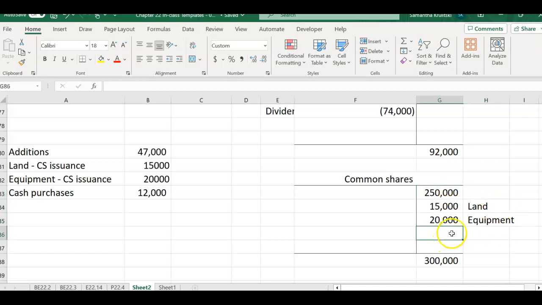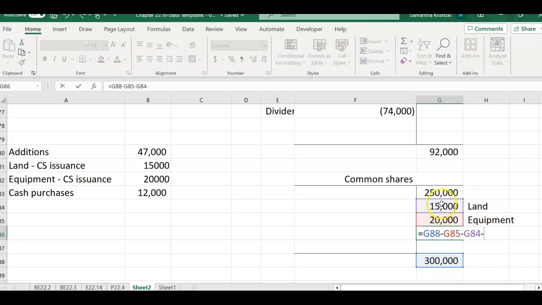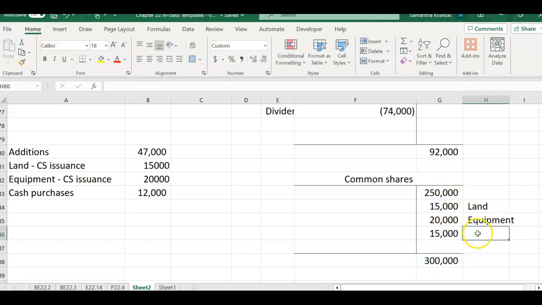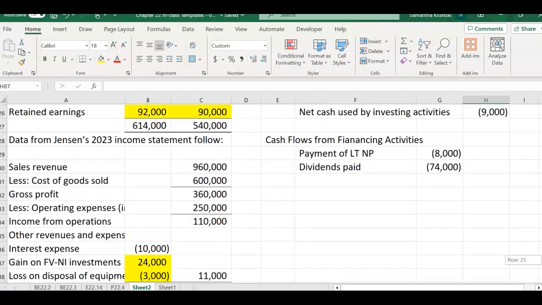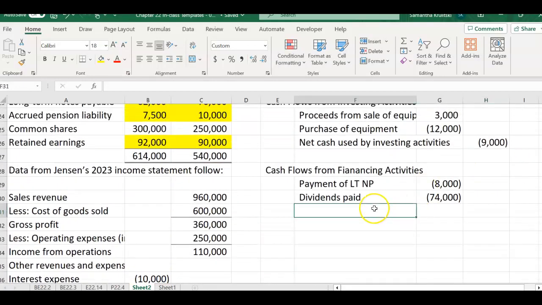Does this actually work? It doesn't. There must have been another issuance that took place during the year that would have been a cash issuance. So what I want to do is capture the cash issuance of common shares in my cash flow statement. If I'm issuing shares, what am I getting in return? I'm getting cash.